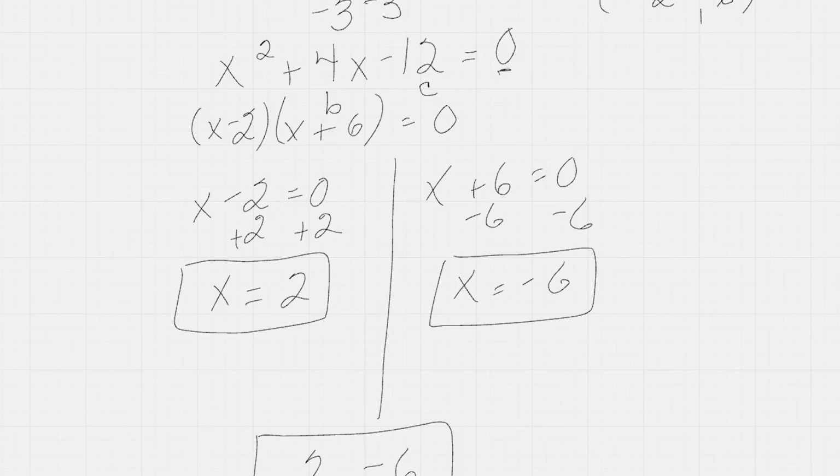Remember, your first value is A, your second value is B, and then your third value is C. You want to find two values that multiply to give you C, which is negative 12, and add to 4. And we said that those two values are negative 2 and 6, because negative 2 plus 6 is positive 4, and negative 2 times 6 is negative 12. And then we set both equal to 0, and then we solve for x, and we were left with 2 and negative 6. So your solutions for this problem are 2 and negative 6.